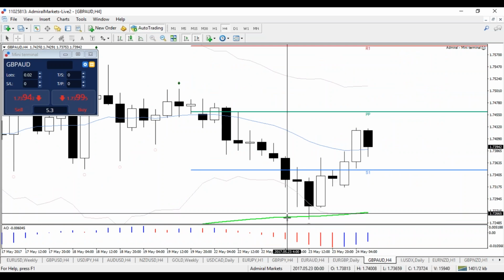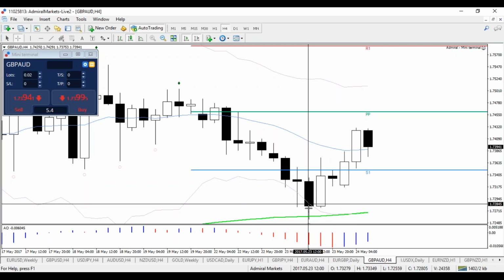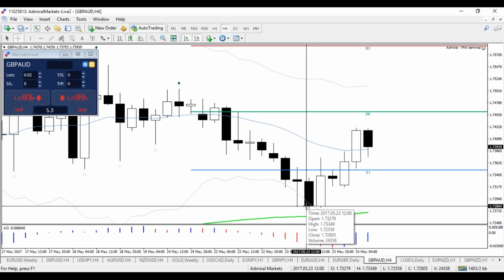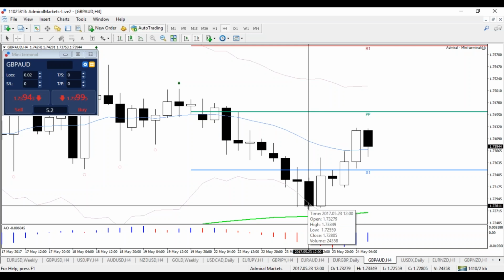The candle close itself was okayish. It's not a great close, but it's not bad either. Let me do a quick calculation here. Total candle from high to low is about 80 pips, almost 80, 79 to be precise.